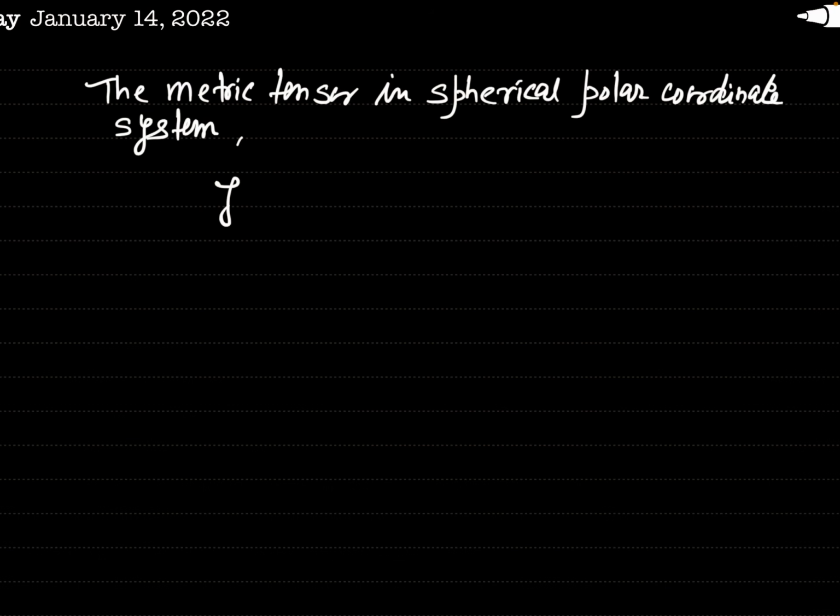Now I am not writing g prime. You can write Gij, but remember this is not the metric tensor in the Cartesian coordinate system, but in the spherical polar coordinate system. You write the prime sign when you have to compare two coordinate systems. Cartesian was unprimed and polar was primed, but here there is only one coordinate system, so there is no need to write prime.